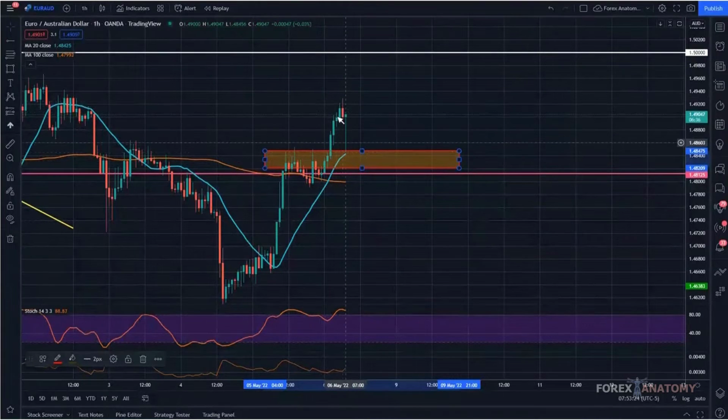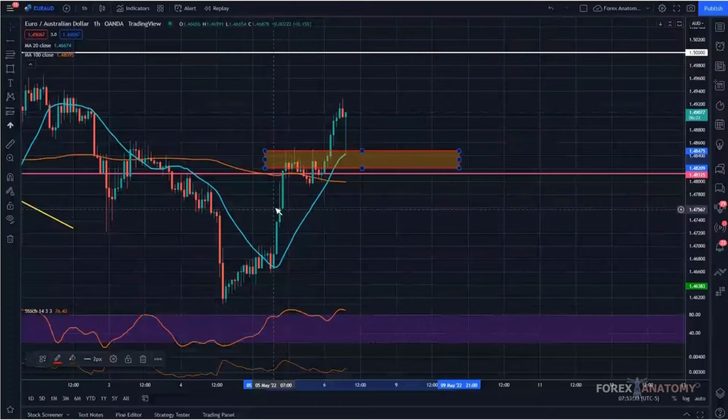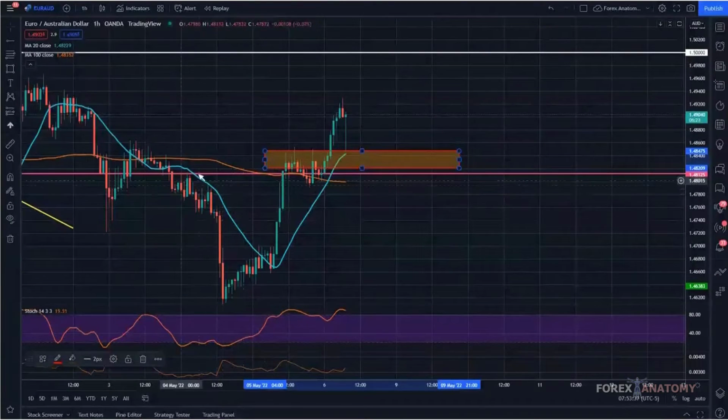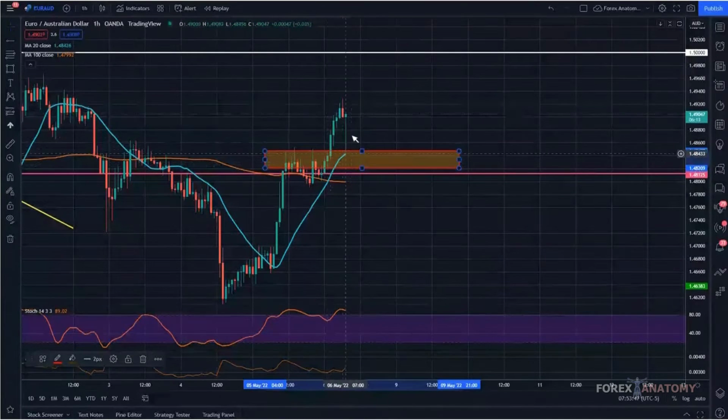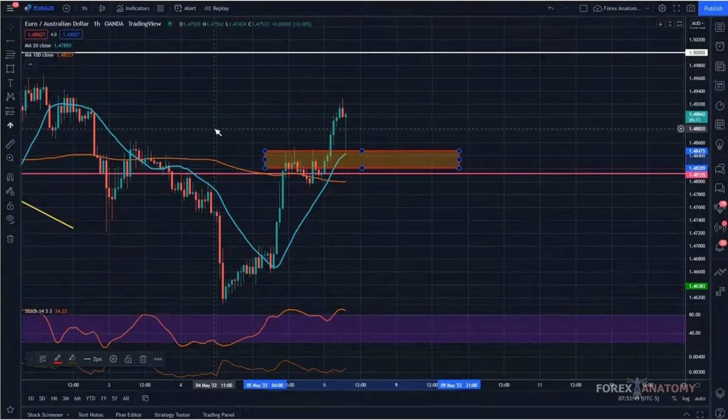And as you can see, we have this wick down into this area, and it looks like price may want to expand higher. So then we may not be able to get in on this buy setup. This was one that we were definitely looking at on Euro Aussie. It had nice directional confluence, like all the time frames supported a movement to the upside. But as you can see, price bounced higher from there.